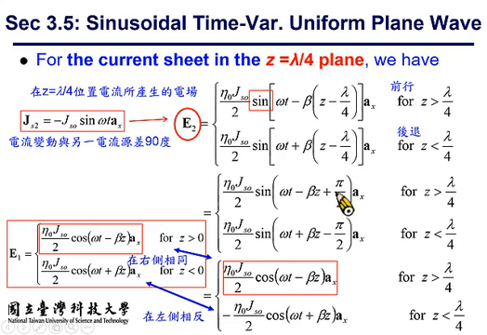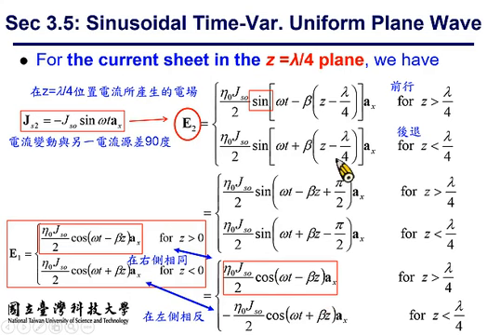And pi over 2 can help you transform this sine function into a cosine function. So you need to check out this process. At this step, because of the existence of pi over 2 here, the whole function transforms from sine to cosine, okay?